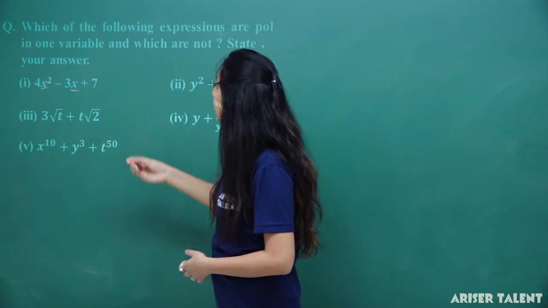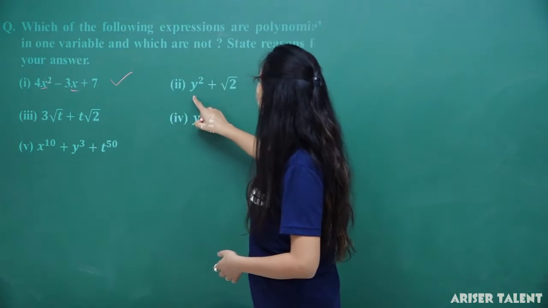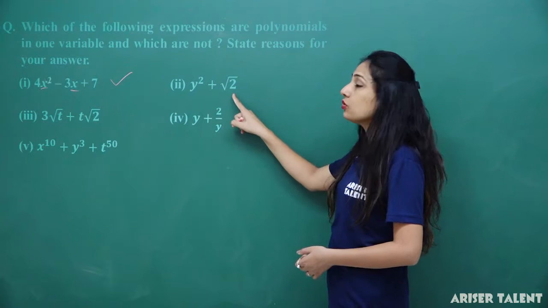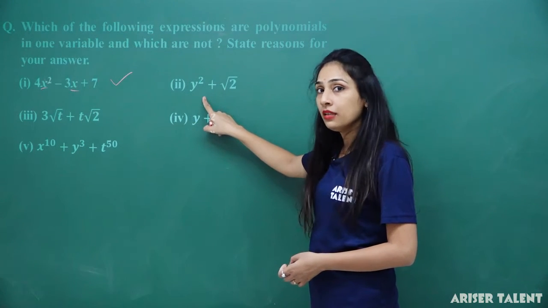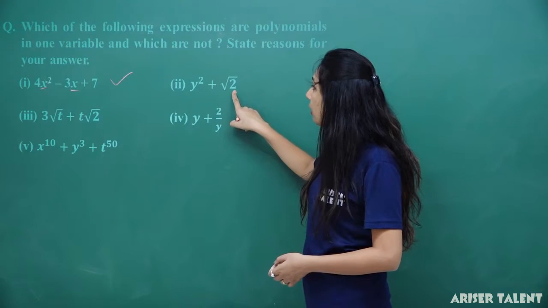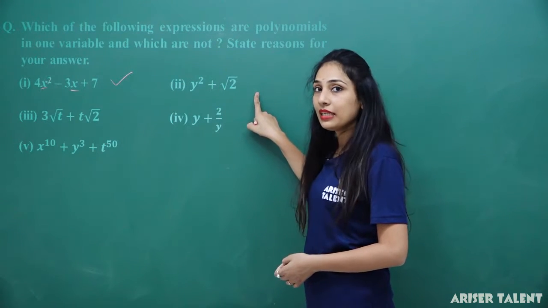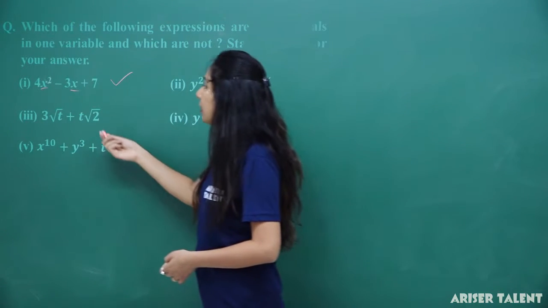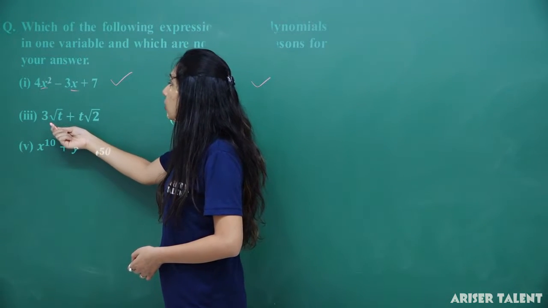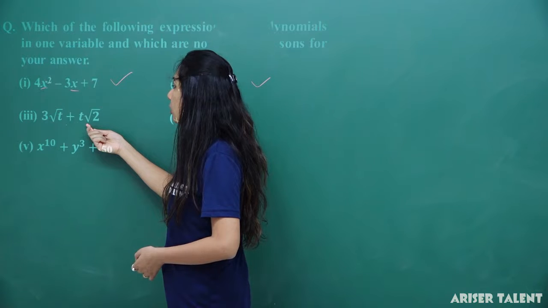So yes, it is. Here I am having y square plus root 2. Y square, that means polynomial in y. Now it is also having no variable in the constant term, so that is y raised to power 0. So yes, it is.